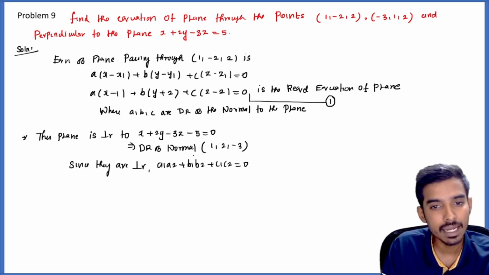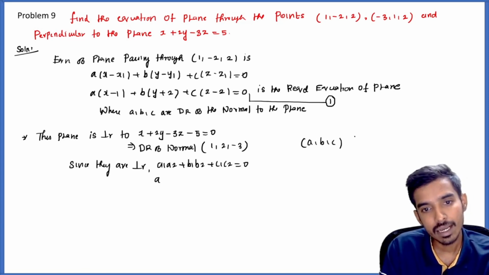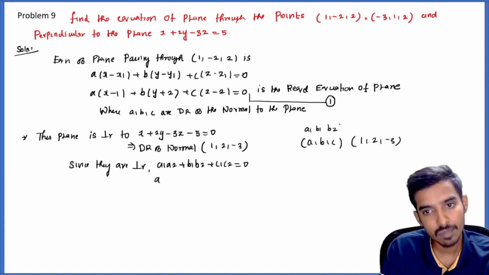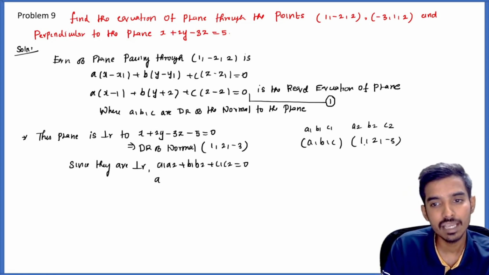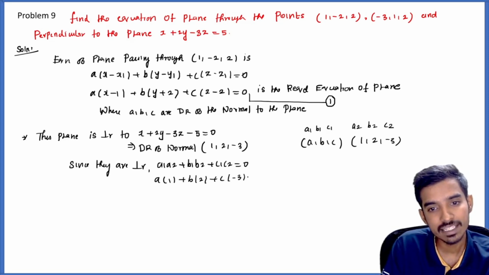Since they are perpendicular, a1 a2 plus b1 b2 plus c1 c2 is 0. So we have a into 1 plus b into 2 plus c into minus 3 is equal to 0. So a plus 2b minus 3c is equal to 0.